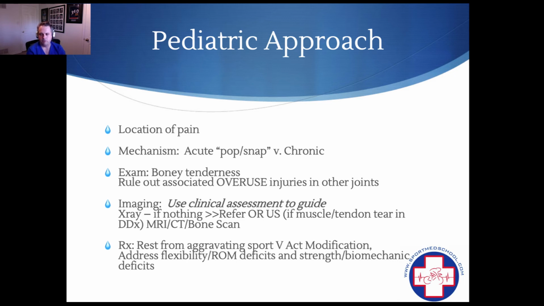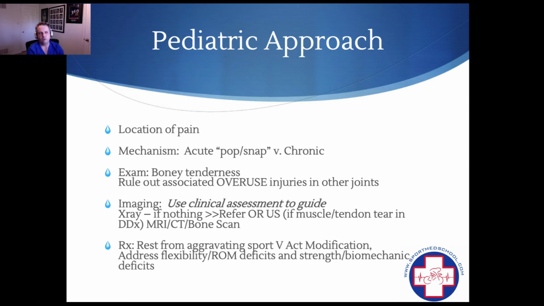And so therefore we go for either an acute or a chronic mechanism. The chronic is more insidious: it's been bothering me for several months, I don't recall a specific injury. Whereas the acute is: a week ago I went to kick a ball and felt a pop at the front of my hip. The examination will typically reveal well localized bony tenderness in the absence of any kind of joint findings.